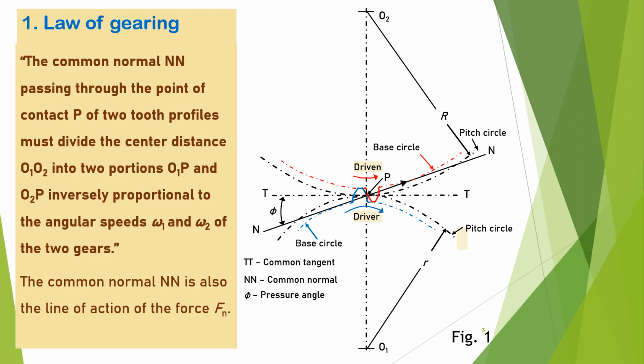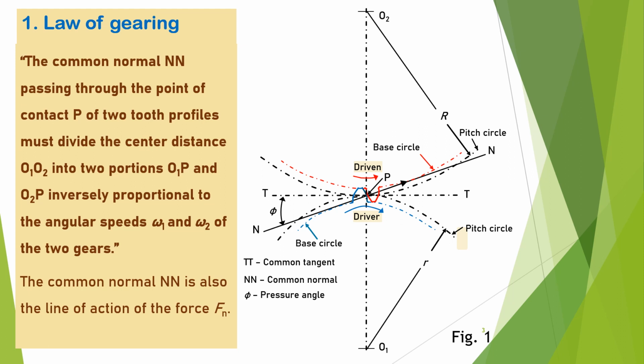Now I read the statement. The common normal NN passing through the point of contact P of two tooth profiles must divide the center distance O1O2 into two portions O1P and O2P inversely proportional to the angular speeds omega 1 and omega 2 of the two gears.